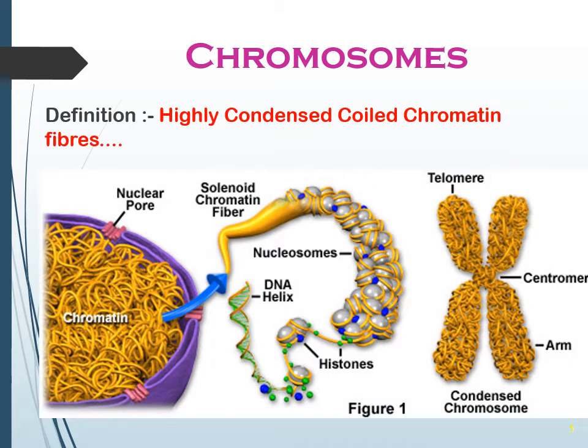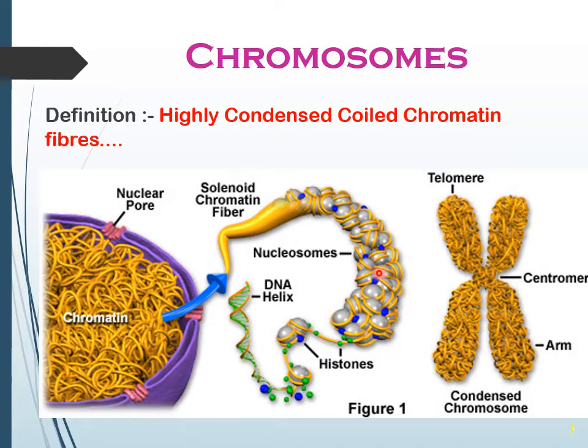As you can see in this diagram, these noodle-like structures, although they are not noodles, this is called chromatin. If you unwind this chromatin, you will see that this chromatin is made up of some silver pearl-like structures.